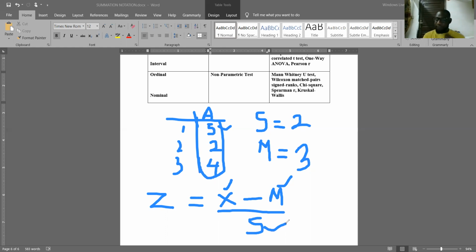So the formula for any z-score is raw score minus mean over standard deviation.